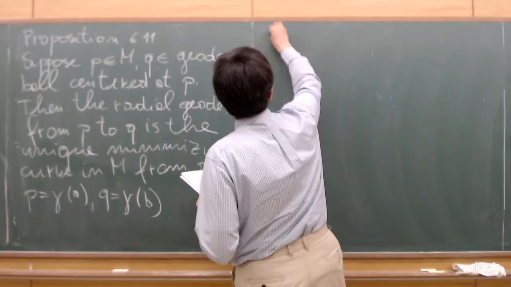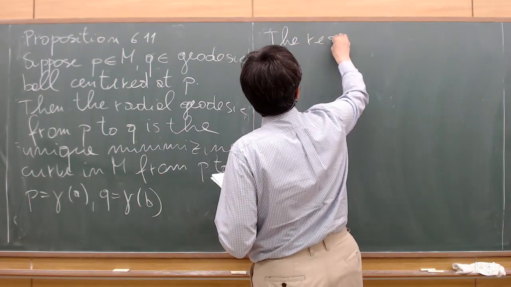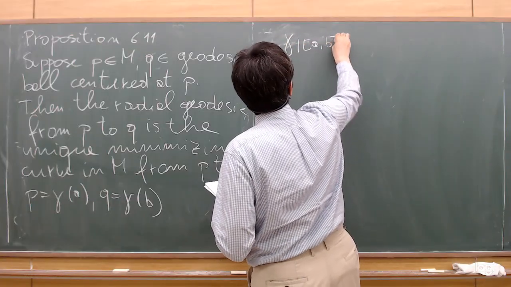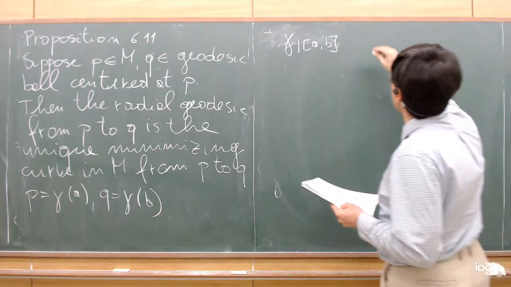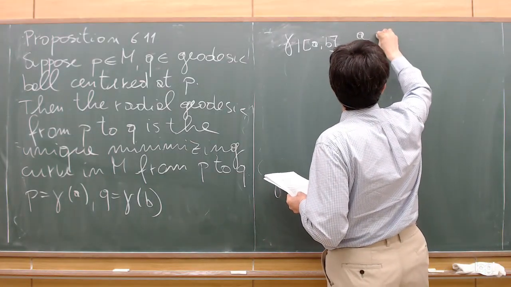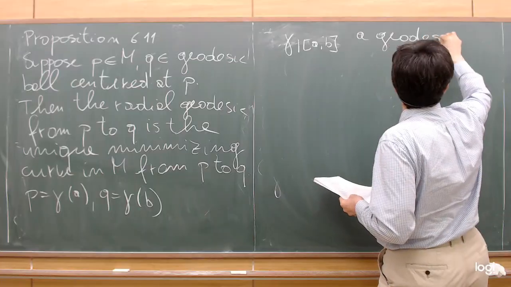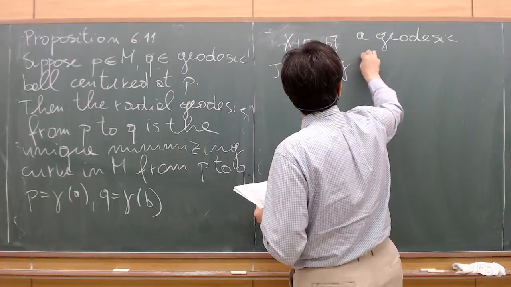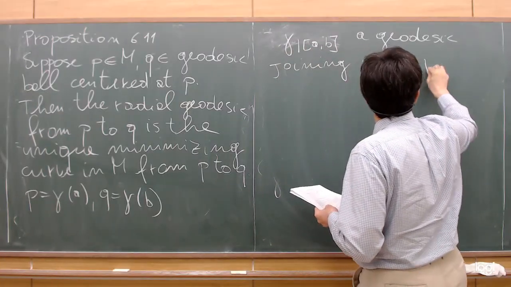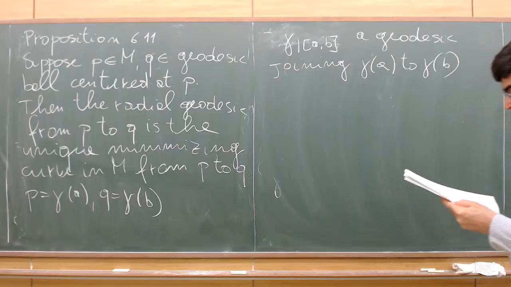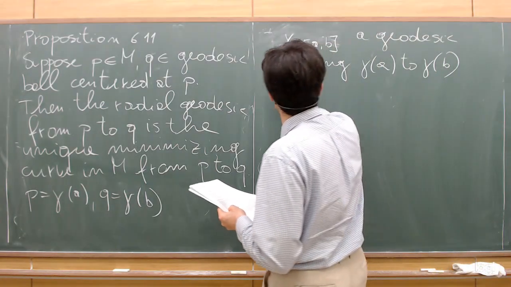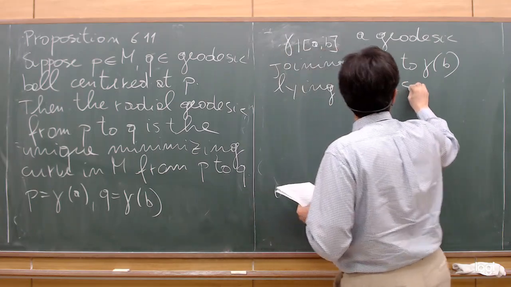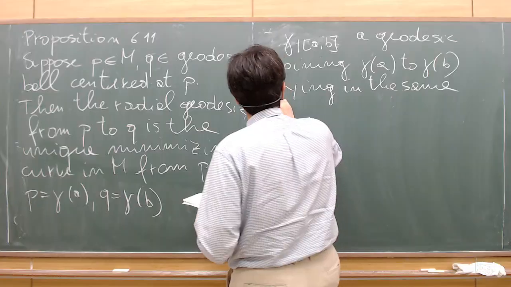But the restriction of gamma to [A, B] is also a geodesic joining gamma A to gamma B, lying in the same geodesic ball.